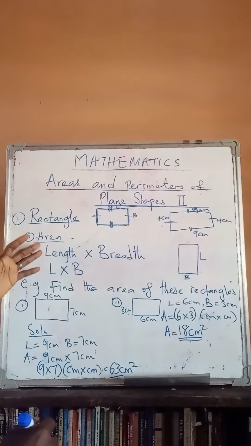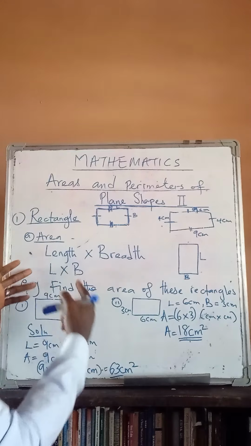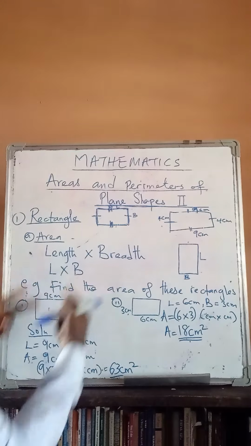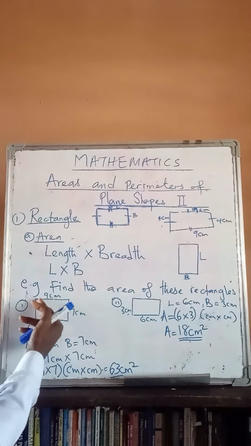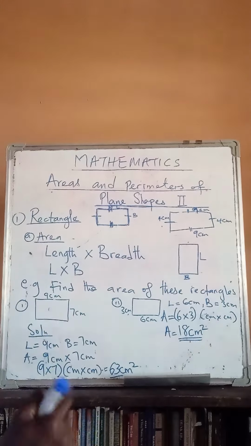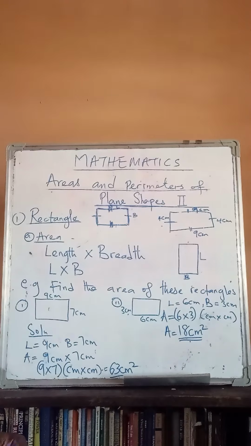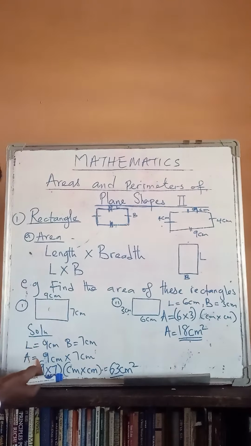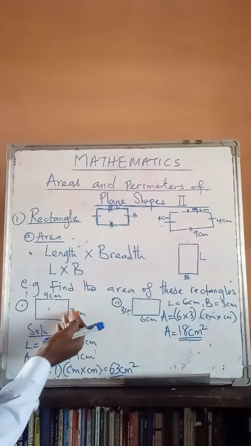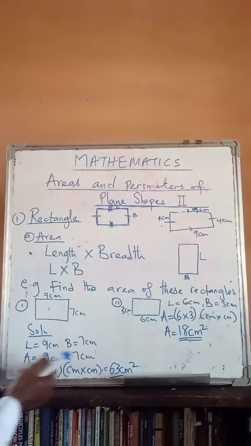Going by the formula, area of a rectangle is given to be length times breadth, which is L times B. In this figure, we have L, the longer side, to be 9 centimeters, and the shorter side, which is 7 centimeters. Now for you to find the area, we have length multiplied by the breadth. L is 9 centimeters, breadth is 7 centimeters.